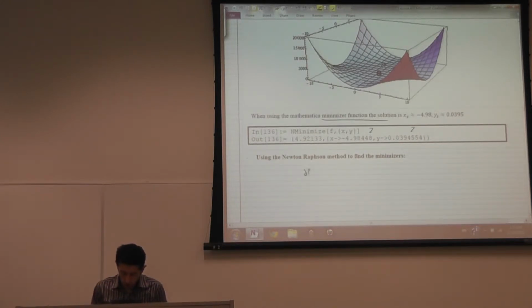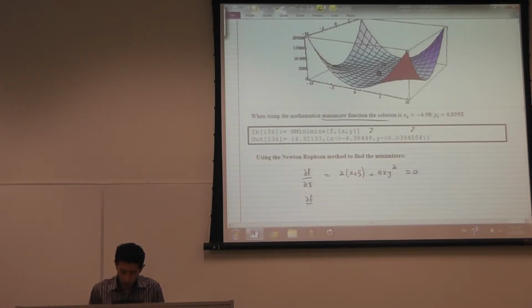Partial F by partial X, usually the sum of forces in the X direction, for example, is equal to 2x plus 5 plus 4xy squared. Because we're saying that the function is minimum at this point, I want this to be equal to 0.